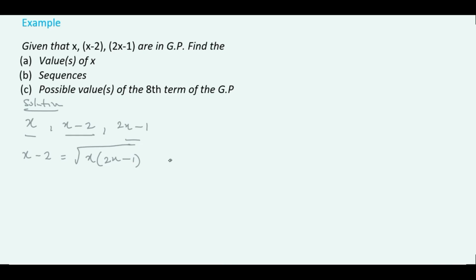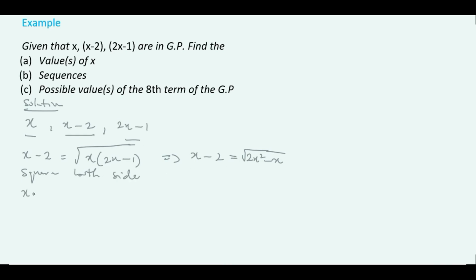So we now have something like this: x minus 2 equals the square root of 2x squared minus x. From this place, we can square both sides, because if we square both sides, we remove the square root here.